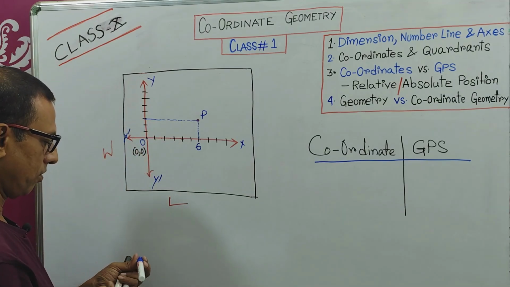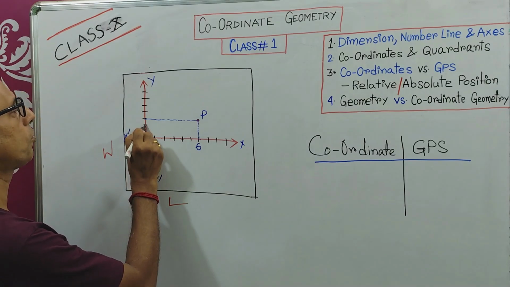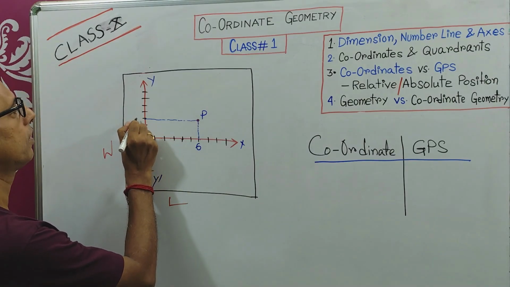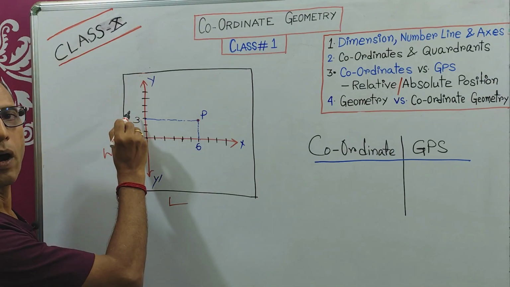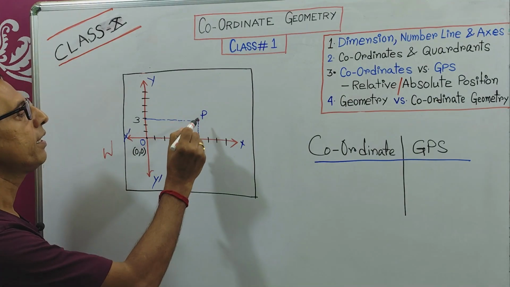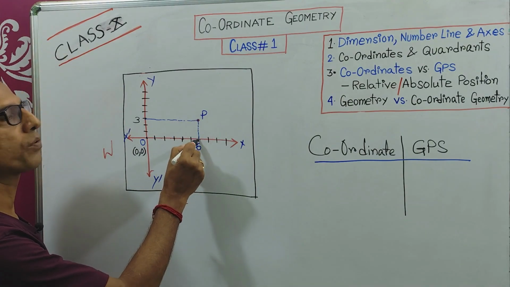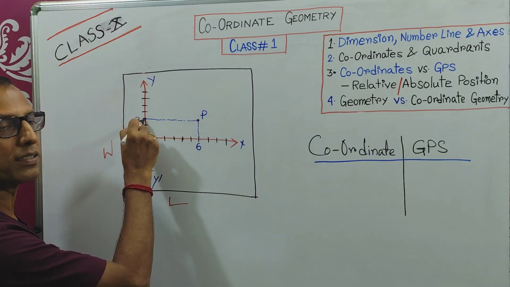Assume this is at this point, right? So how many units are there? 1, 2, 3. So this is 3. So that means x is 6, y is 3. But what will be the sign? Now you see the length is 6 from origin for abscissa, and for ordinate the length is 3 units.